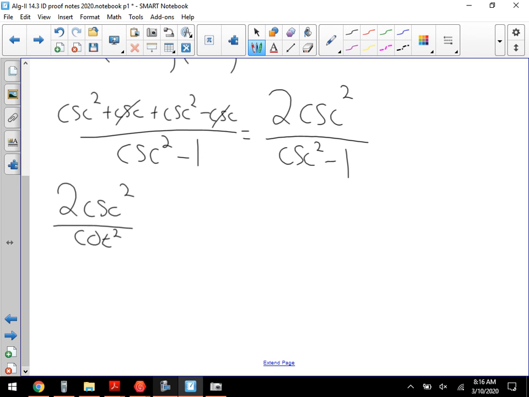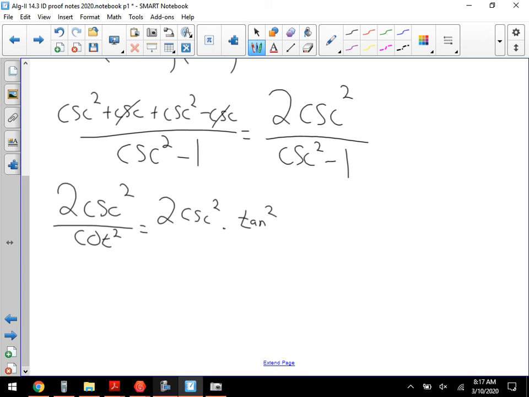All right. This is when I like to split apart my fractions. Are you guys okay if I rewrite cosecant squared real quick as 1 over sine squared? That is totally fine.